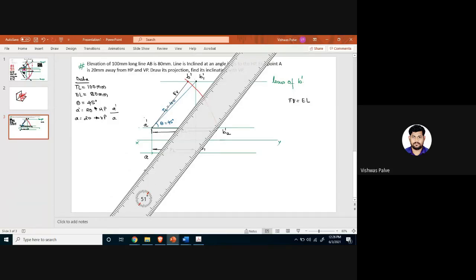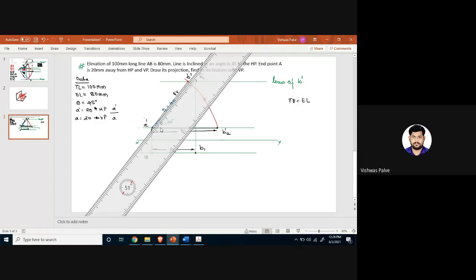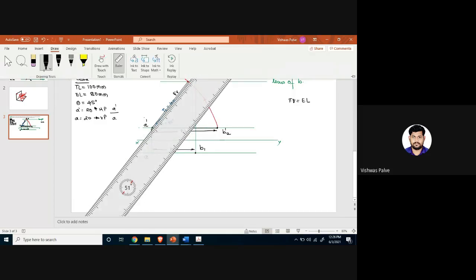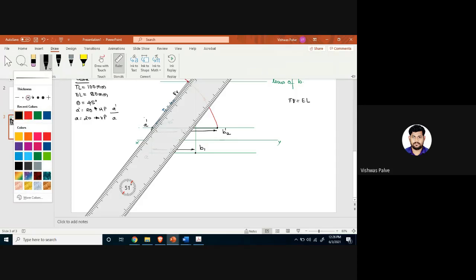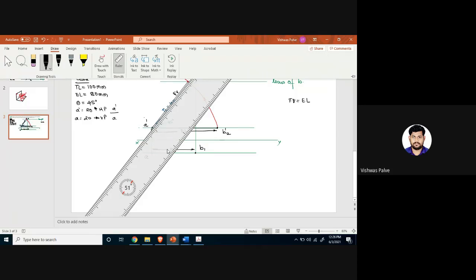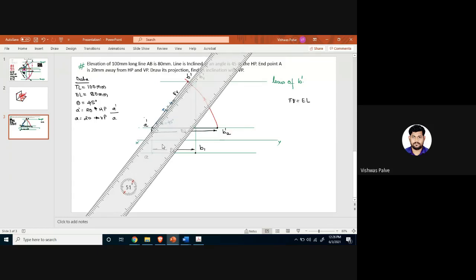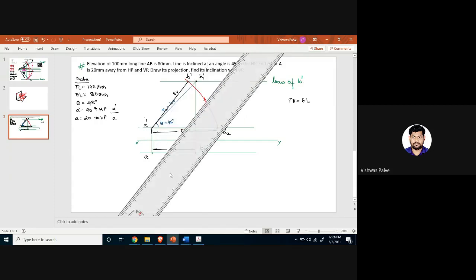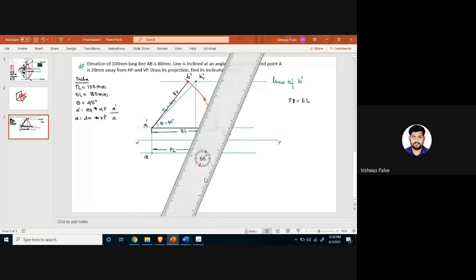A dash B dash is the front view of the line. I will increase the thickness of the line so that it is slightly thick. Now it is visible. Any difficulty in getting the front view?